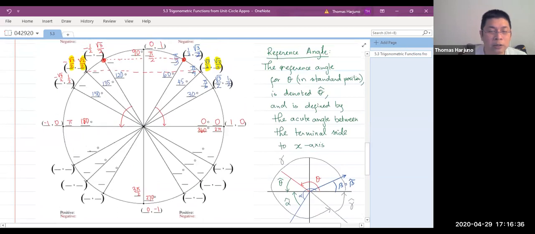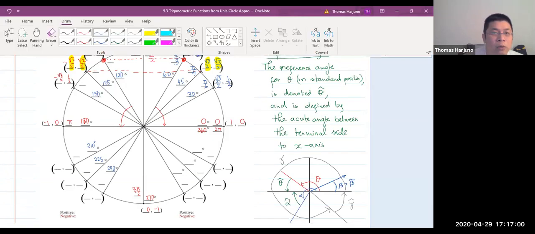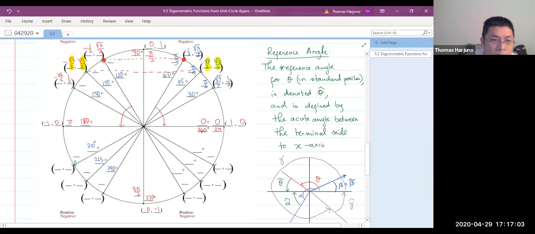In quadrant 3, the special angles are, well, 180 plus 30 degrees, that's 210, plus 45 degrees, 225 degrees, plus 60 degrees, that's 240 degrees. And then the coordinates here correspond to the coordinates there. You see that?